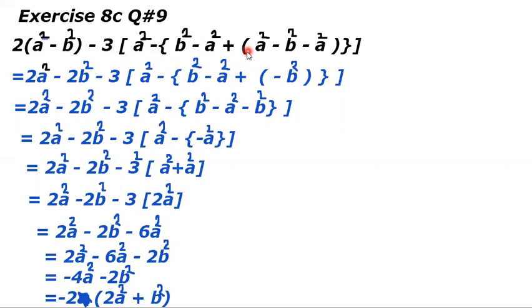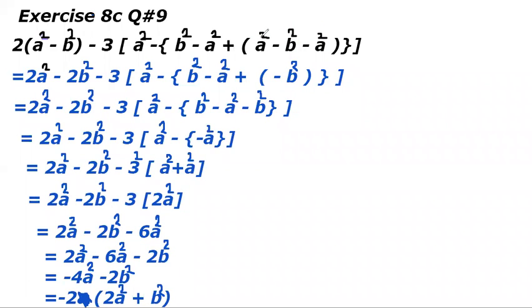Now this is a parenthesis and you can see inside the parenthesis I have written minus b square. It means we have solved the parenthesis, and inside the parenthesis you can see a square minus b square minus a square. When we solve it, it will give us negative b square. Let's see how.